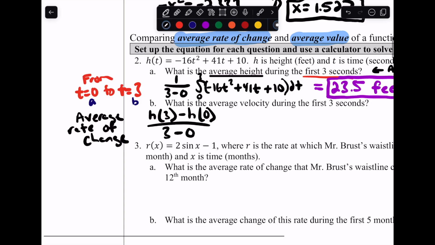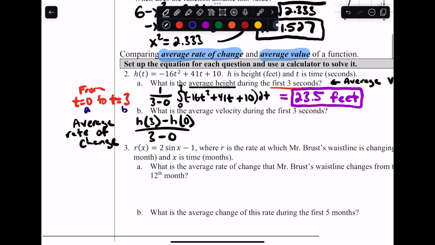To evaluate this, I would need to plug 3 into my original h function to figure out the height when t equals 3, and then subtract the height when t equals 0 by plugging 0 in.